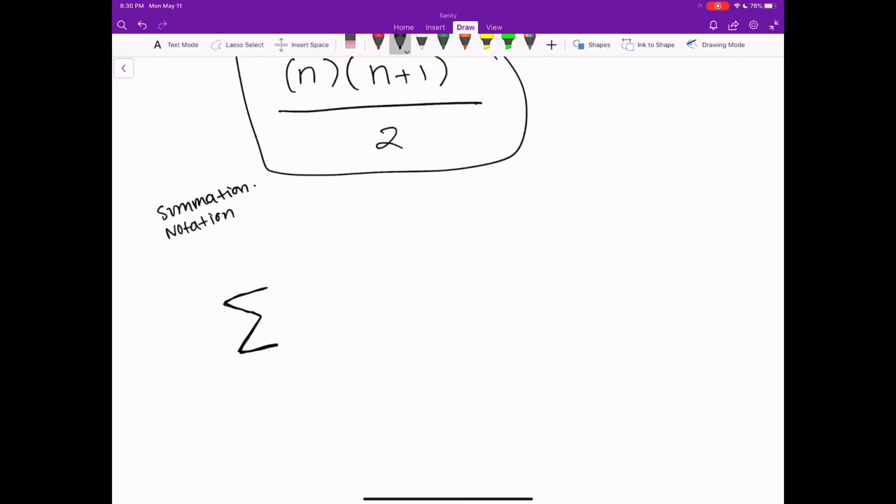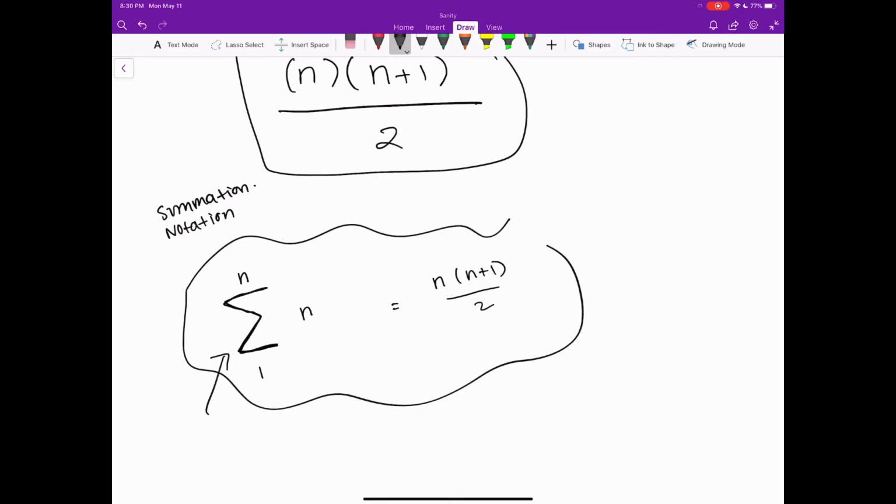Sum up all of these numbers. So if we wanted the sum of all of the numbers from 1 to n, it would be the same thing as using this formula, n times n plus 1 over 2. So this is just a little bit extra. This thing means sum, but really I would like you to know how to use this cool formula.